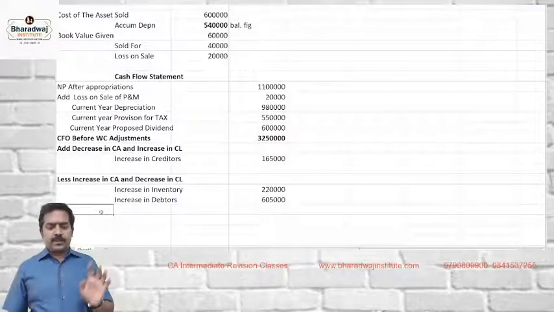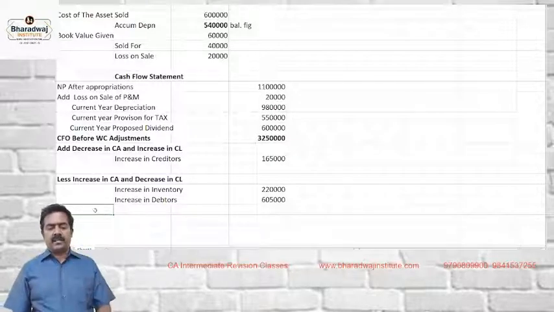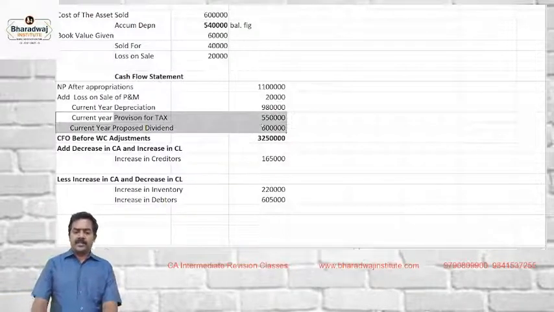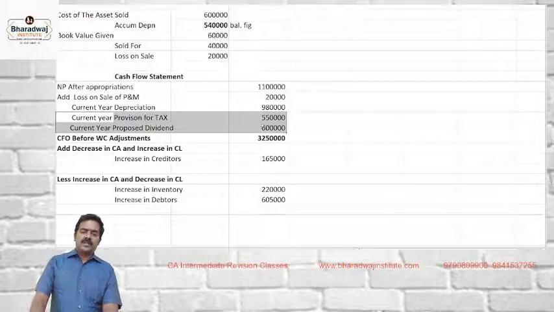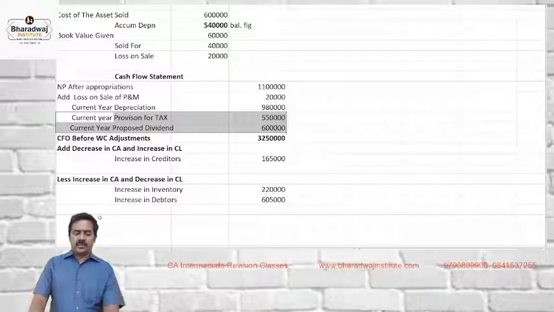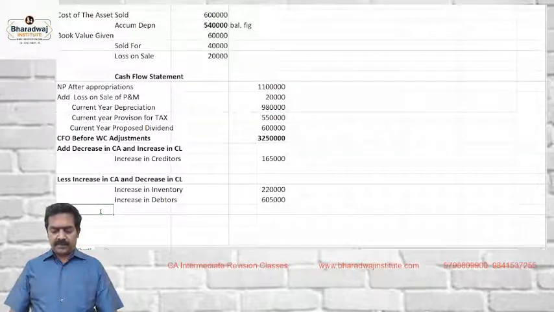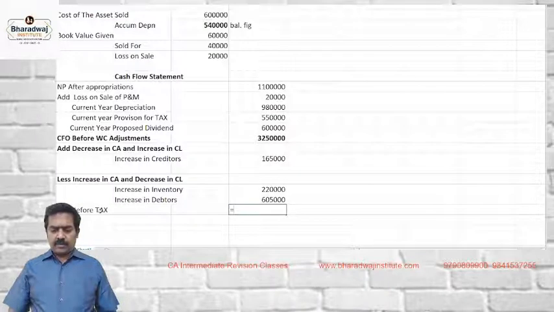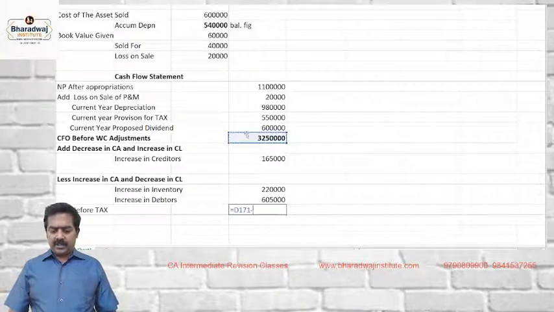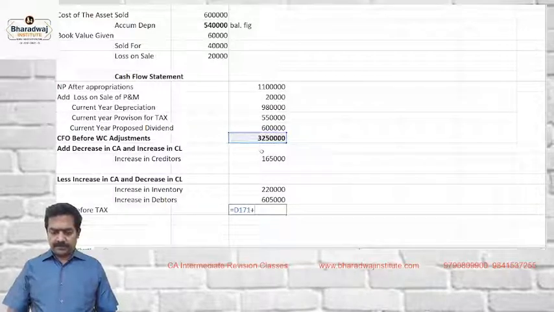No. Proposed dividend and provision for tax should not be taken, because we treat them separately. Tax is an operating outflow, and dividend is a financing activity outflow. This will give us CFO before tax. So 32,50,000 minus these two.